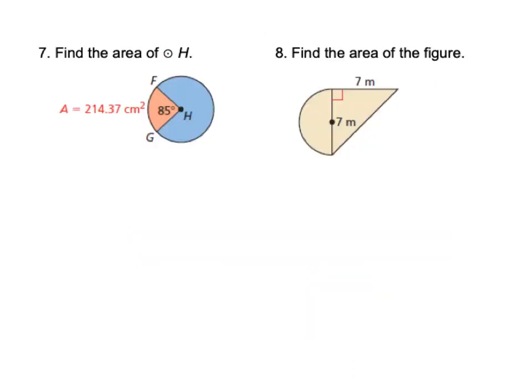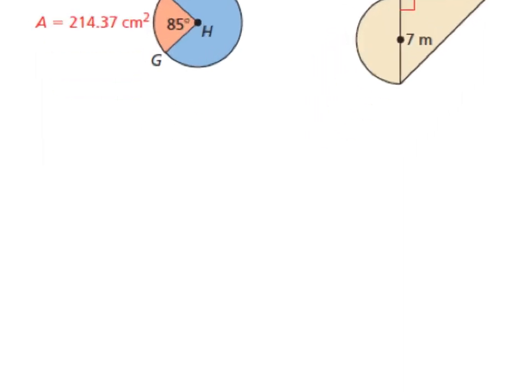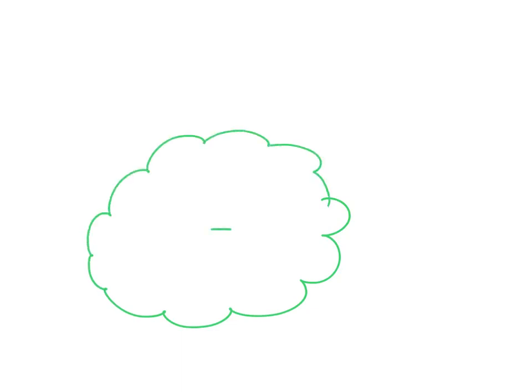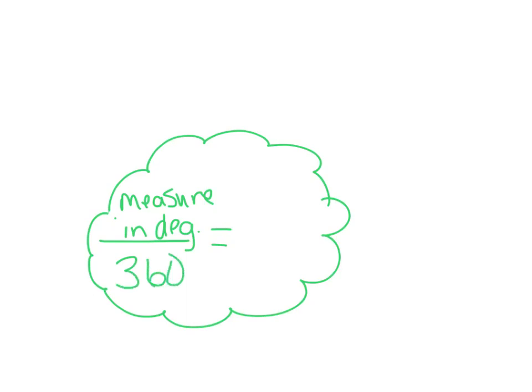Okay, so again, just thinking about what we know. Again, I'm going to put my little thought bubble down here. Okay, remembering how we set up that proportion. Remember, one side is degrees out of 360. It's going to be how many degrees, what's the measure of the arc, out of the total, which is 360.